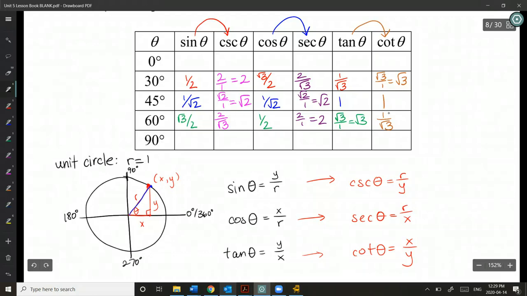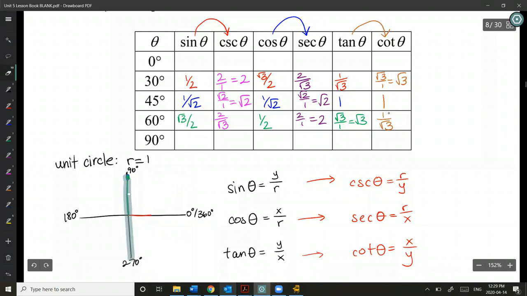Okay, so every other point creates a triangle, but if I have a point, let's say at 90, this is actually just a line, and I can't really create a right angled triangle with the closest x-axis. So I'm just going to erase this so we can visually see what we want to do here.